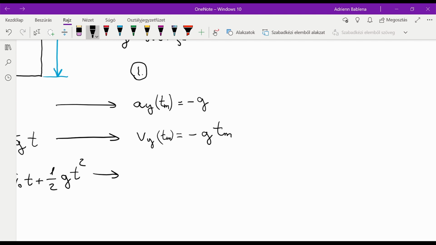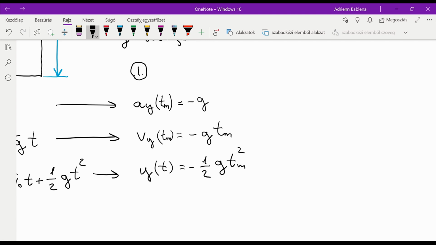And from the Vy equation, we can write the y equation. So it's the vertical movement function. We have no v0, so v0 equals to 0. We have no y0. Y0 is 0, so we can write only minus 1 over 2 g tm square.